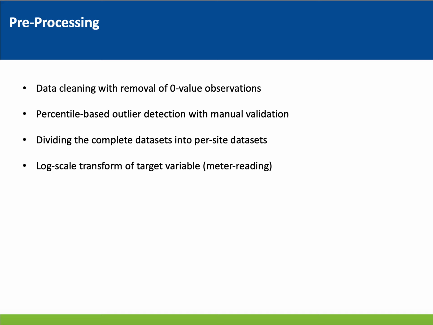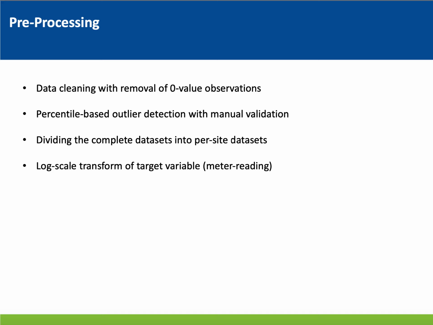But what we found was identifying and removing these observations from the dataset significantly helped the stability and performance of the model. We also did a percentile based outlier detection where the bottom 2% of values or the top 3% of values were excluded from the data.